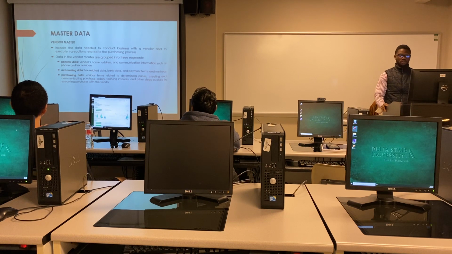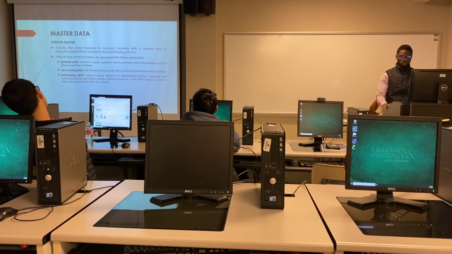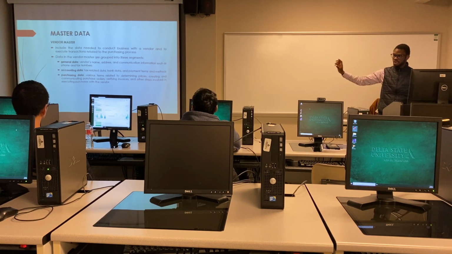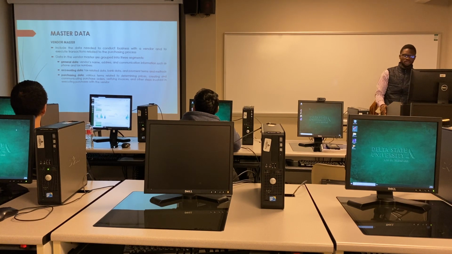I mean, you can use the same vendor in different aspects of purchasing and procurement, so it's not necessarily a particular thing alone. General data are common to purchasing and accounting departments and can be maintained by either department.